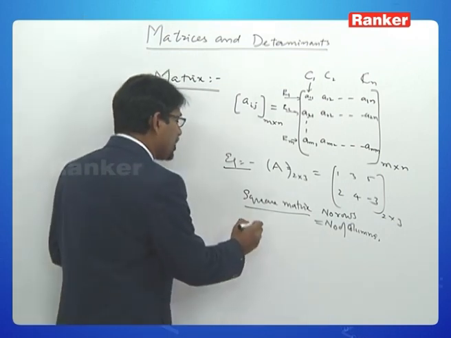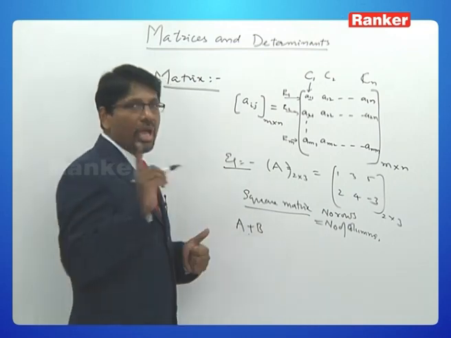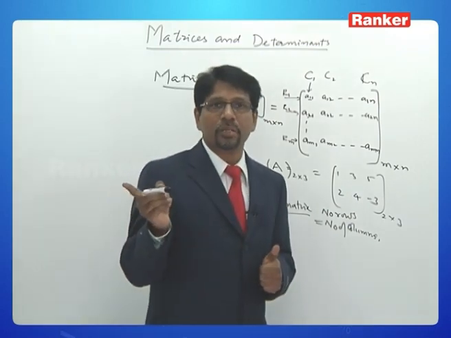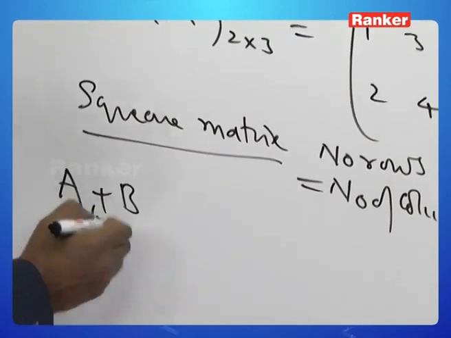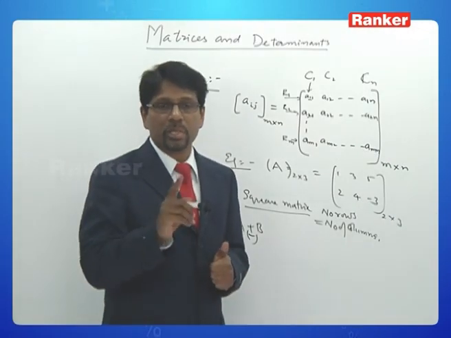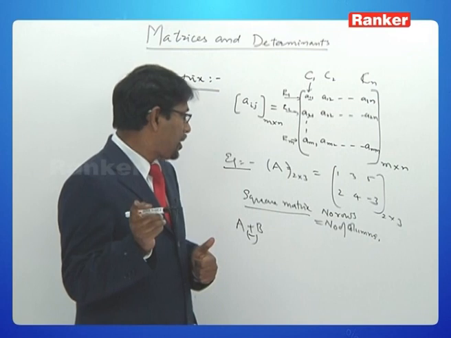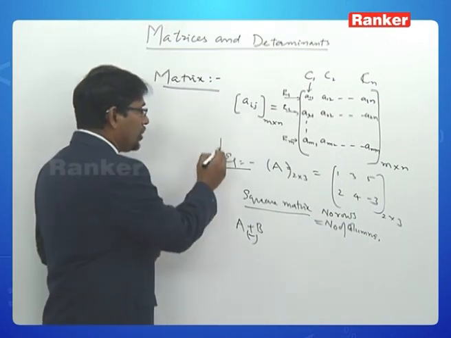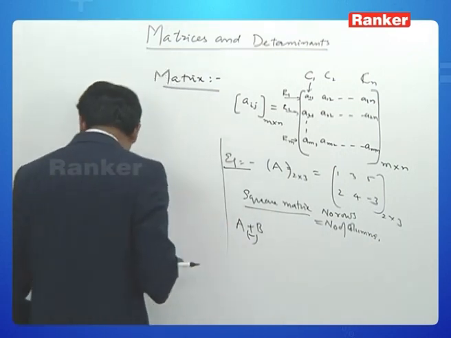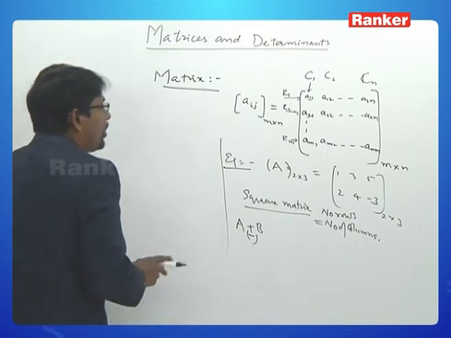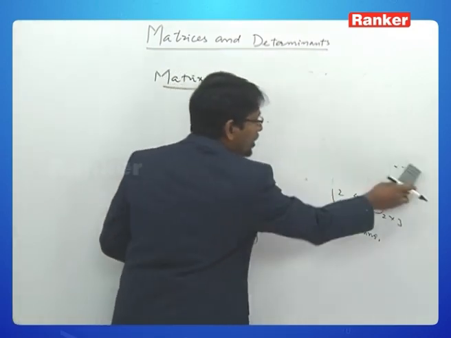We can perform the operation A plus B, that is, we add corresponding elements. If you want to perform A minus B, you subtract the corresponding elements.